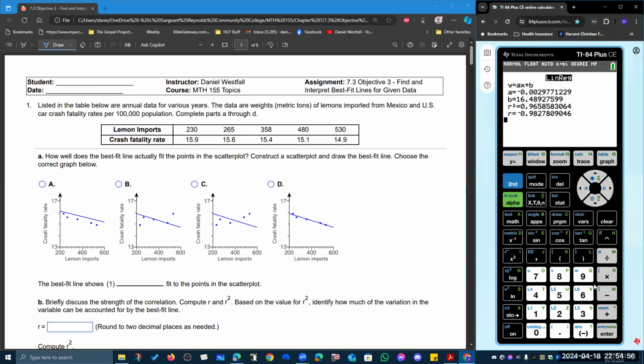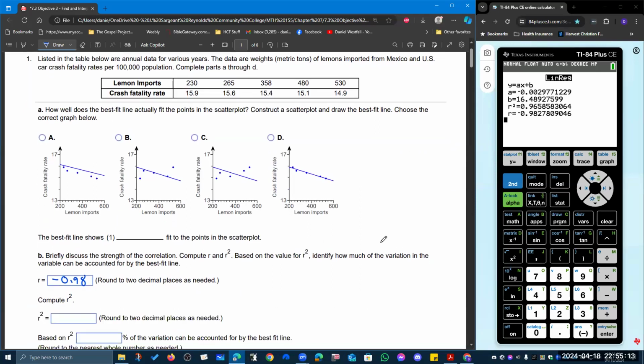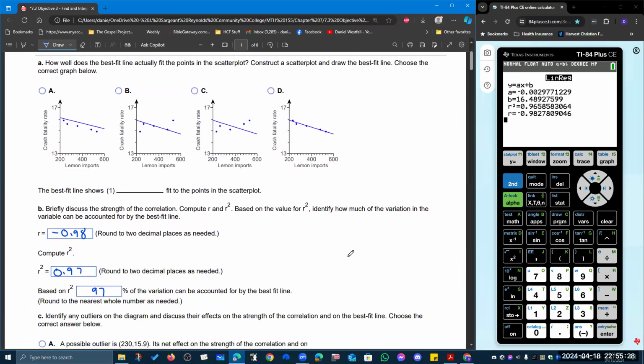Let's calculate that and get our R value of negative 0.98 and R squared is 0.97. So this would be about 97%. The variation can be accounted for by the best fit line.